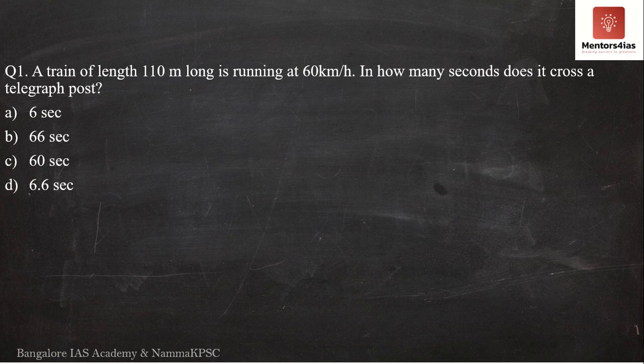Now, while explaining the concept of problems based on trains, I did explain this particular scenario itself. So a train has a length of 110 meters and it crosses a telegraph post.